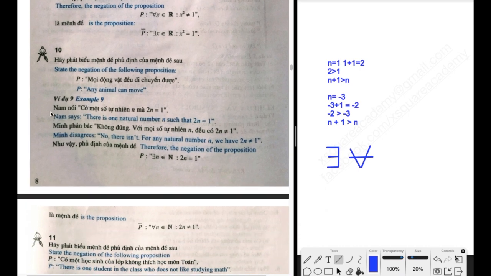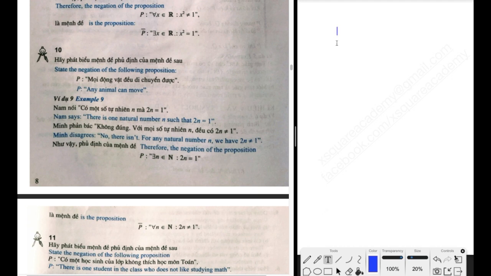Example 8. Nam says there is one natural number n such that 2 times n equals 1.